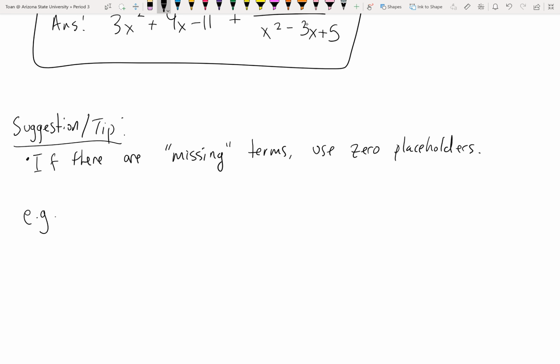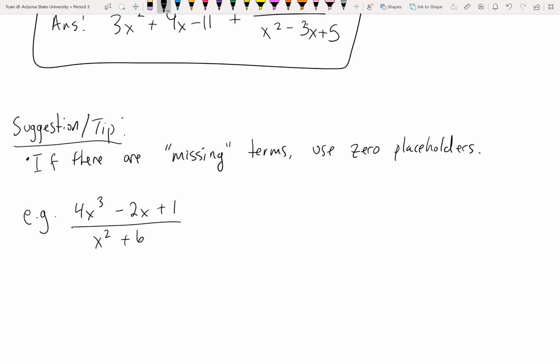Say I gave you something like this. I'll just make it up on the spot: 4x cubed minus 2x plus 1, over x squared plus 6.